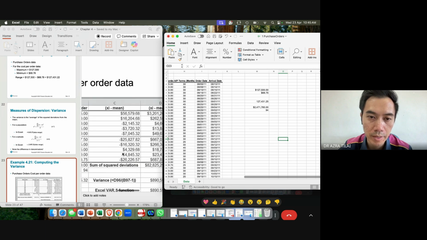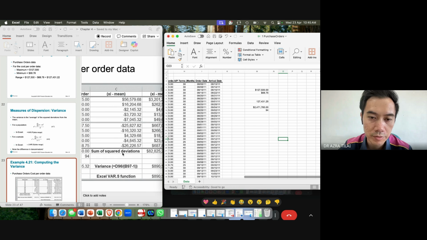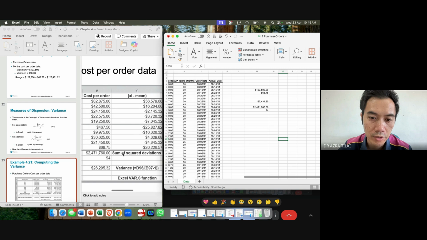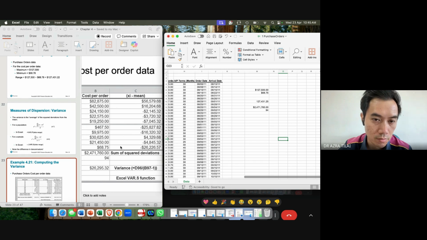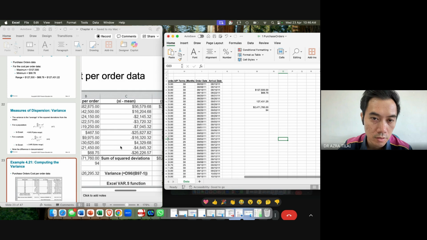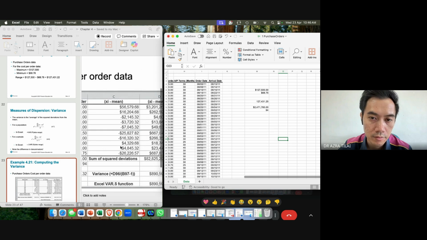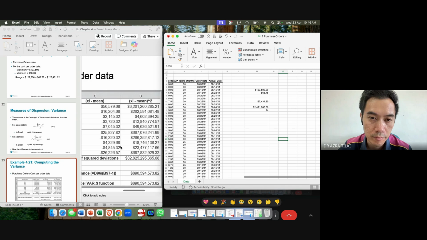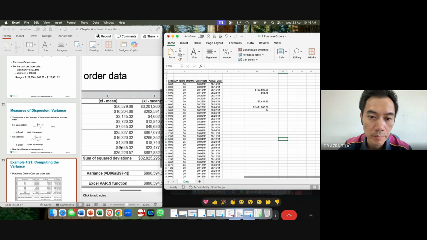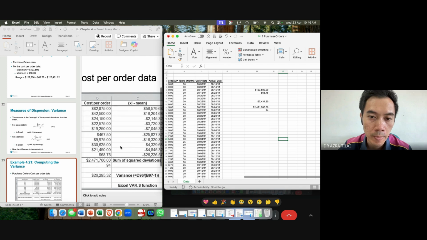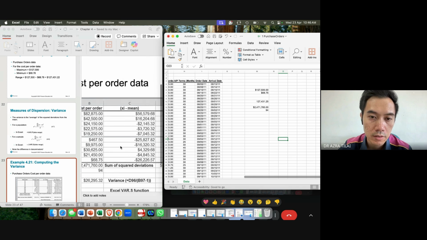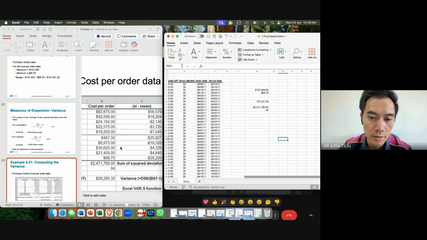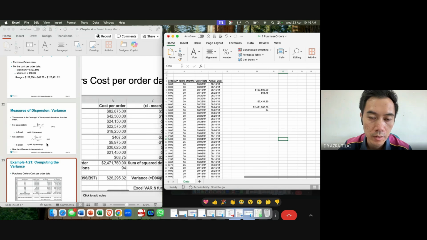Now this is the tricky part: sum of squared deviation. What do you need to do? First, the mean, which is the average.